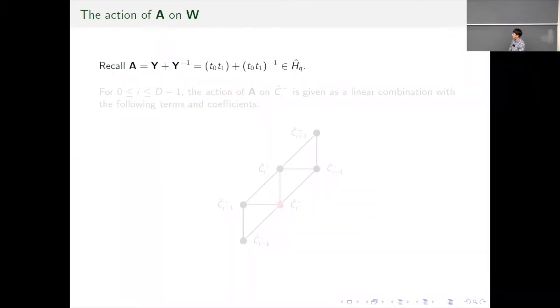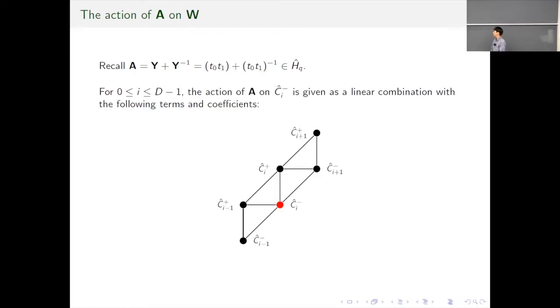Now we want to discuss the action of A on W. Recall A is the sum of Y and Y inverse, but we already discussed the action of Y and Y inverse. So now we can easily follow the action of A on each basis element. First, we apply A to ci minus.